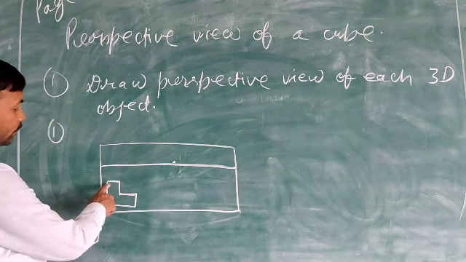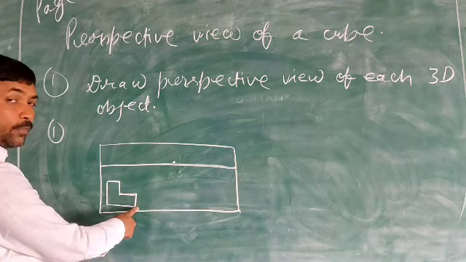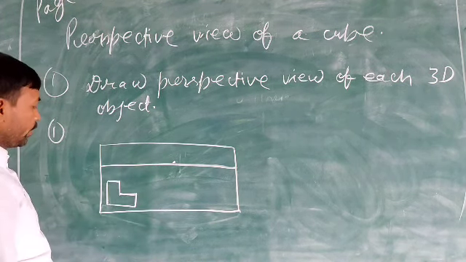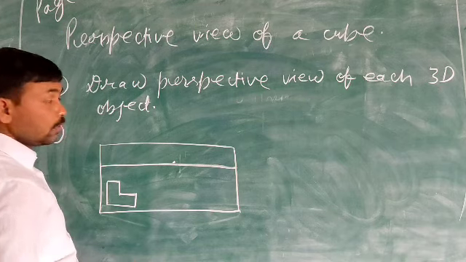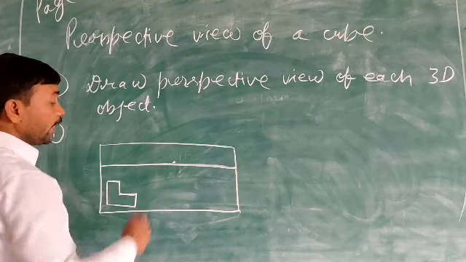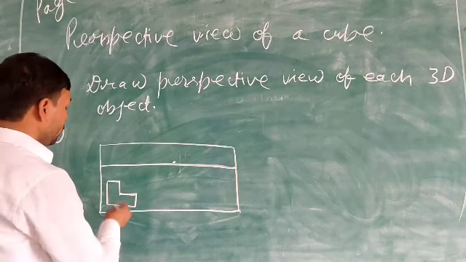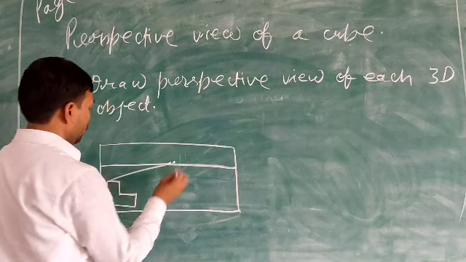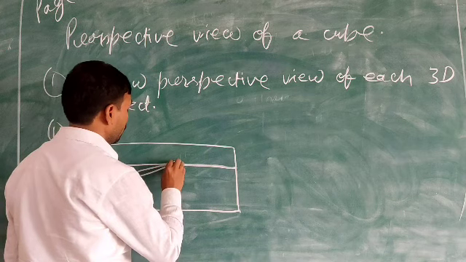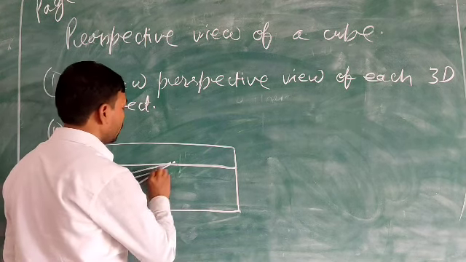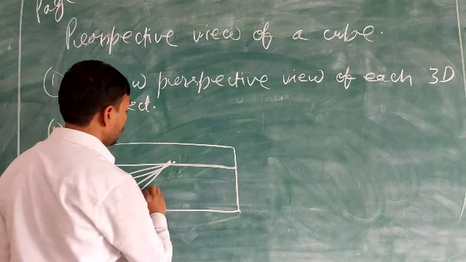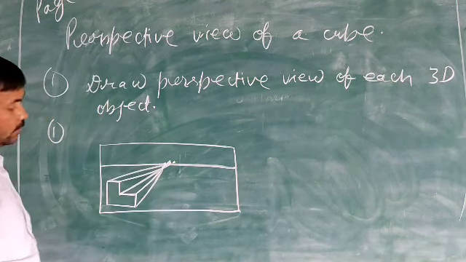So see here, all the corners from this side you have to join with the vanishing point with a scale. Keep in mind that you should not draw directly by hand only. So take your scale and pencil and join like this, like this, and this.